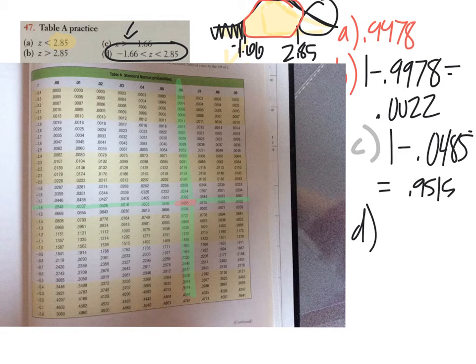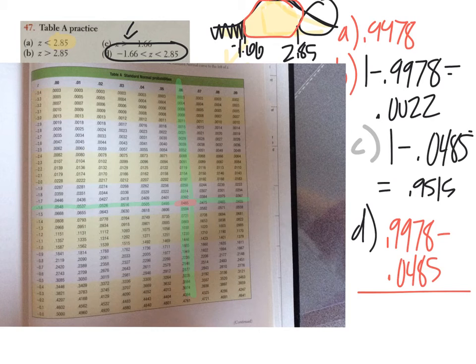So I need to do the yellow area minus the black shaded area. So it's going to be 0.9978 minus 0.0485, and I get 0.9493. I definitely wouldn't worry about this too much, because you're going to be able to use your calculator or a Statlet to help you out.